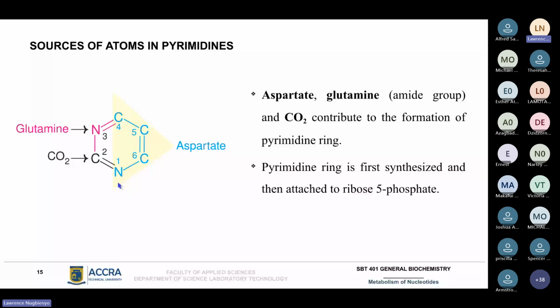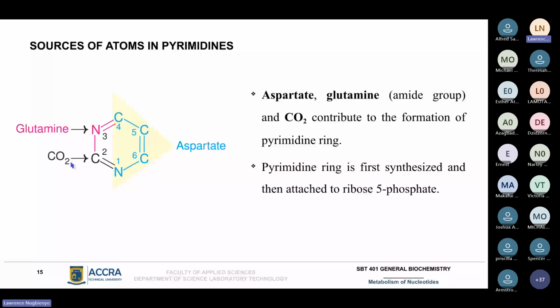In the formation of the purine ring, we saw the carbons were being donated by the tetrahydrofolate. I think with the formation of the purine ring, yes, there was carbon dioxide donating one of the carbons, and the rest of the carbons were donated by the tetrahydrofolate.